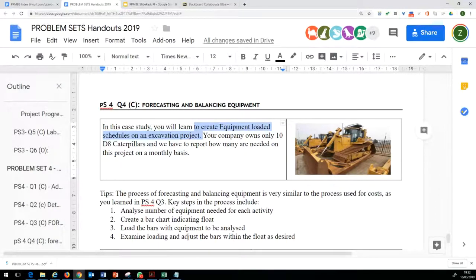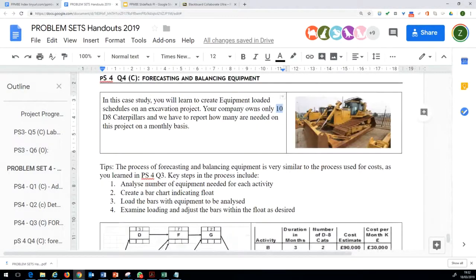So we are constrained by resources. We cannot have any more than 10 D8 caterpillars for this excavation job. So as we plan our resources, we have to make sure we do not exceed the constraint of 10 which has been given.